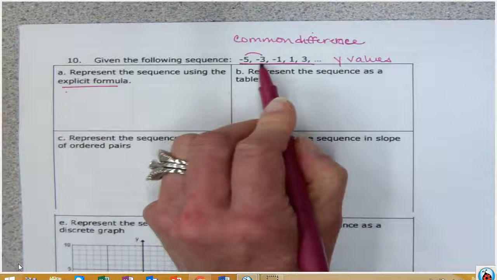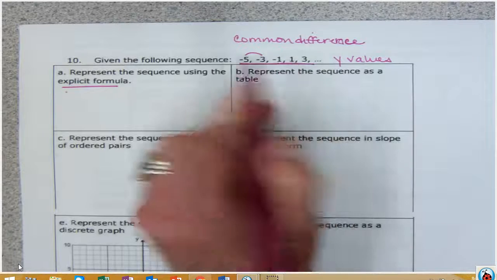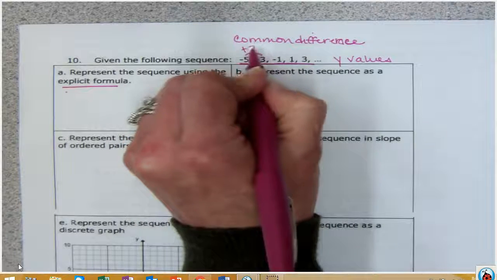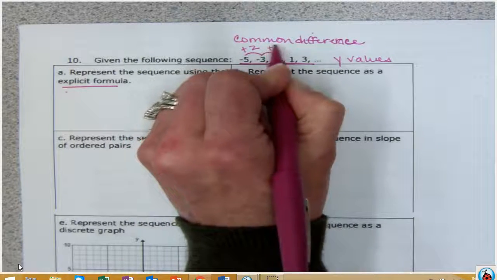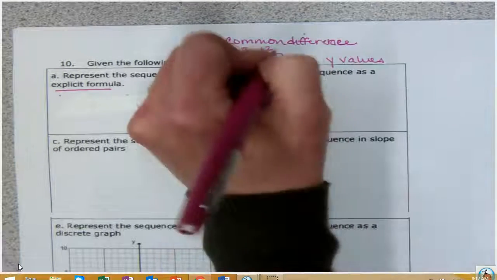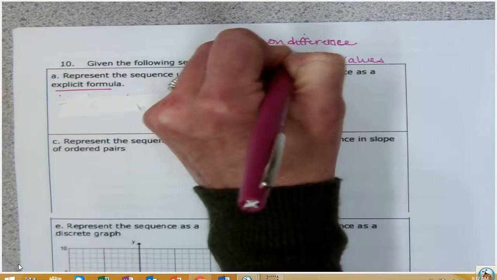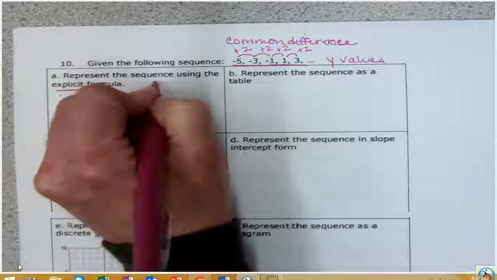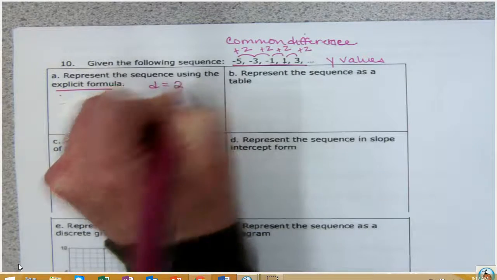How do we get from here to here, and from here to here, and from here to here? We're adding 2. Adding 2 here. So each time we add 2. So the common difference, our d value, is going to be 2.